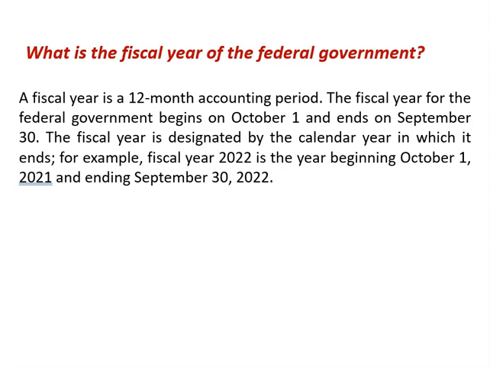For example, fiscal year 2022 is the year beginning October 1st, 2021, and ending September 30th, 2022. It has not always been so, but the federal government's fiscal year initially coincided with the calendar year, then was changed to begin on July 1st and run through June 30th, and now beginning on October 1st. The main reason for the change was the same in each case: Congress was slow to enact a budget.